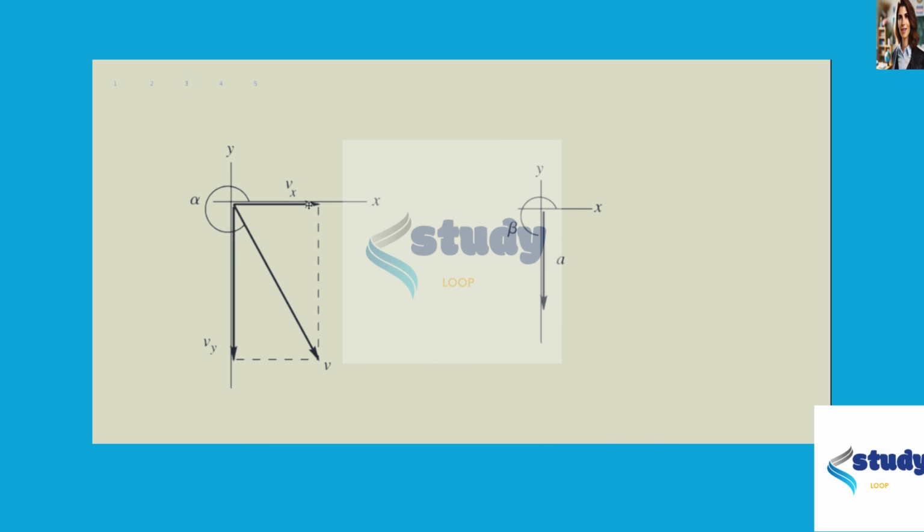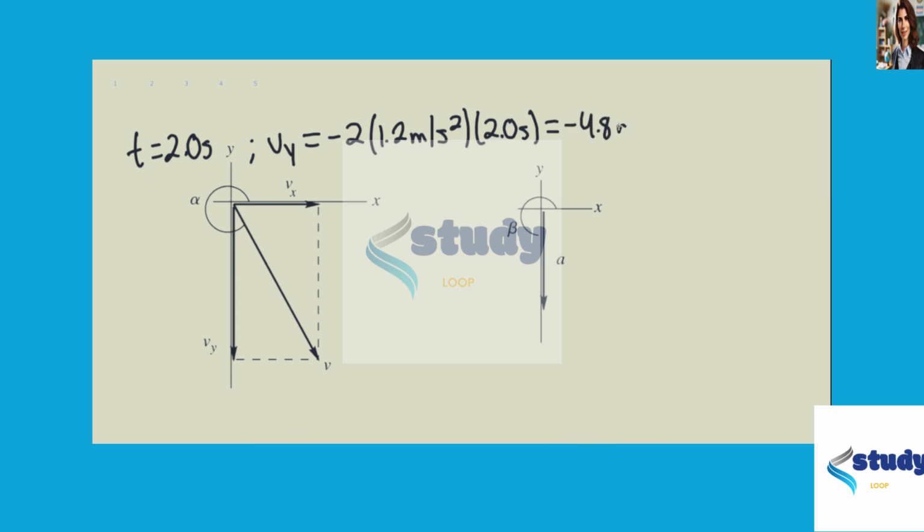So this would be our velocity vector at t equals 2 seconds, where our velocity in the y direction would be equal to -2 times 1.2 meters per second squared multiplied by 2.0 seconds, and this equals -4.8 meters per second. And we know our velocity in the x direction to be a constant 2.4 meters per second. So that would be represented here.